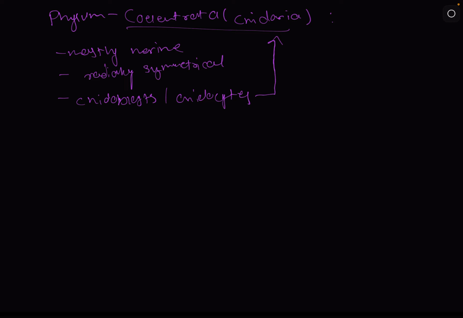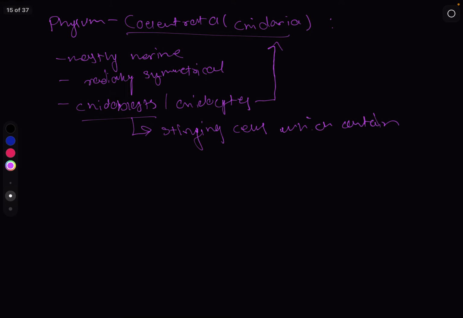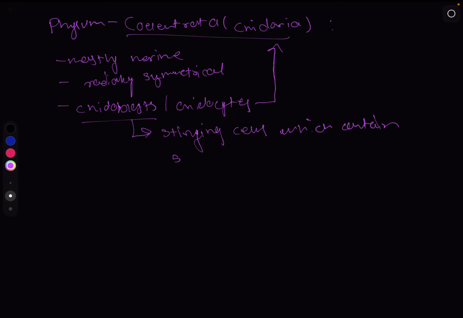Now, what are these cnidoblasts and cnidocytes? They are stinging cells which contain stinging capsules.